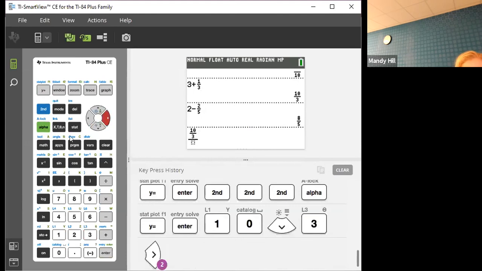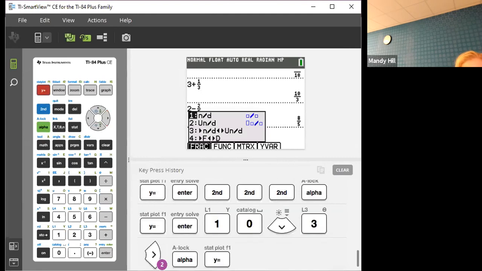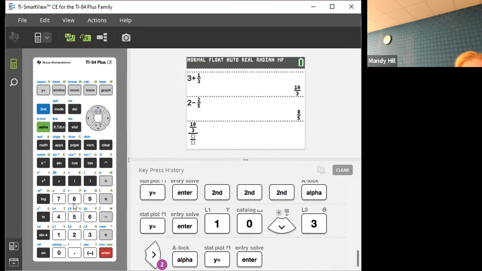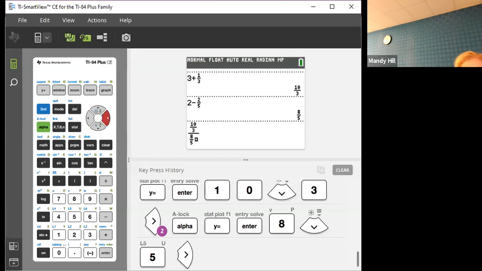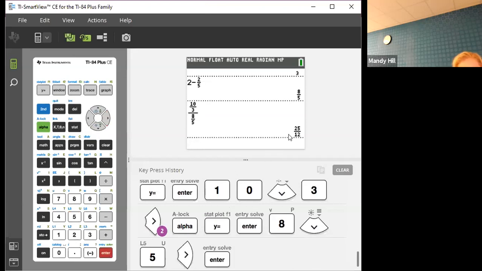I go to the bottom, and then we had another fraction, alpha y equals, divided by 8 over 5. And it says it's 25 over 12. And that's exactly the answer they want.